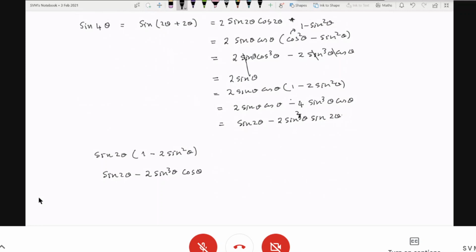Sine cube, that is 4. So sine 2 theta plus theta is equal to sine 2 theta cos theta plus cos 2 theta sine theta.